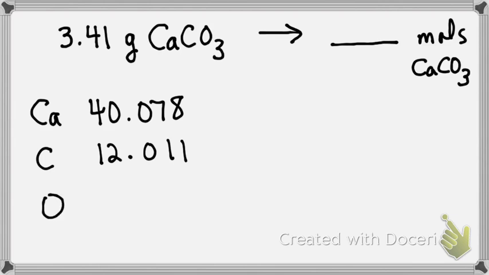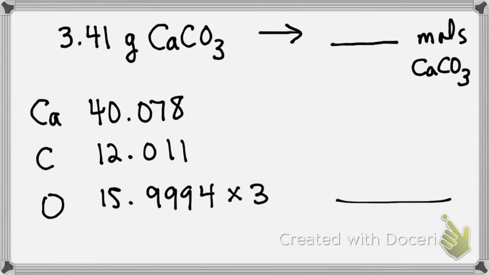And the mass of oxygen is 15.9994. And we have 3 of those. So when we actually compute this, we find that it is 100.1 grams per mole.